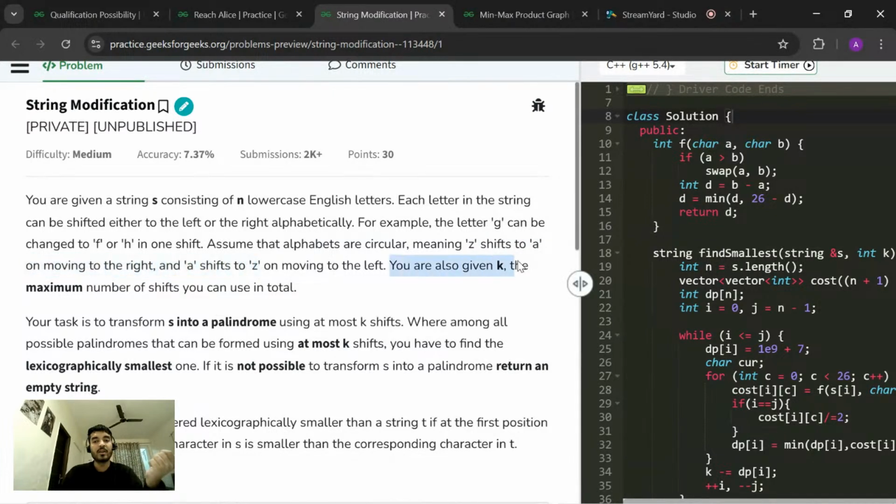You are also given K, the maximum number of shifts that you can use in total.